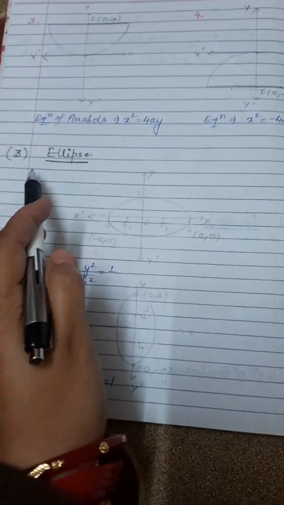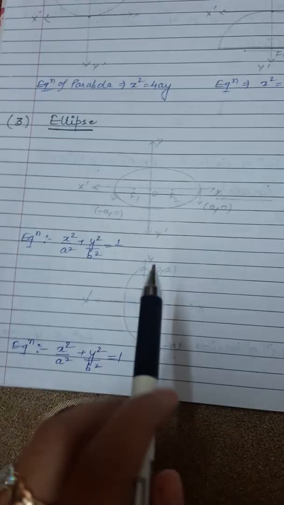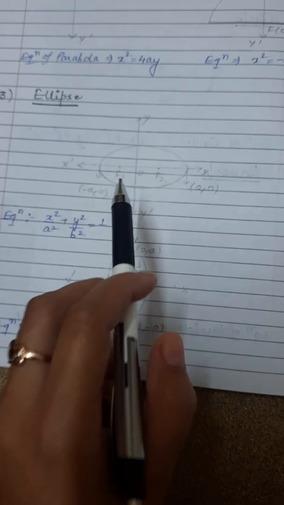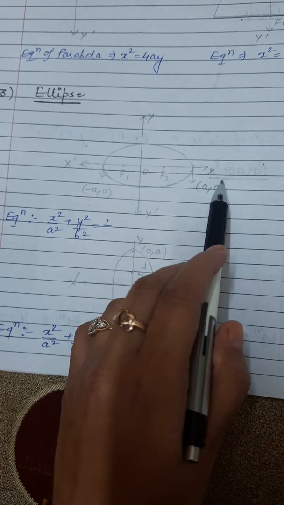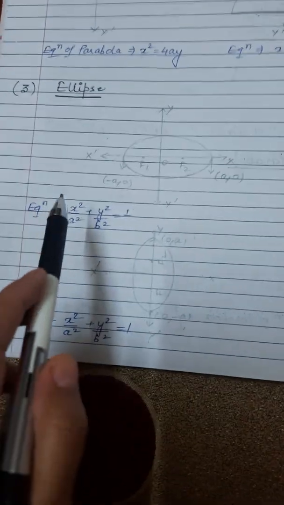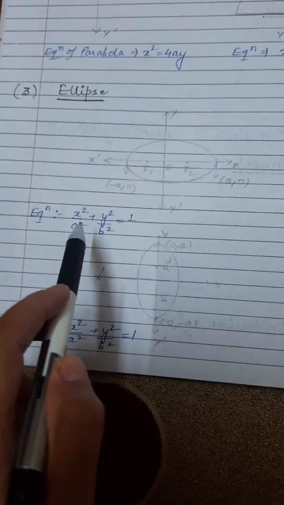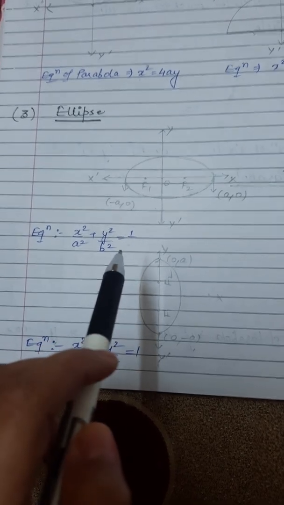Now come to the third geometrical figure, that is ellipse. Here you can see the two figures of ellipse. Major axis is x, while the minor one is y. The equation of this ellipse is x square upon a square plus y square upon b square is equal to 1.